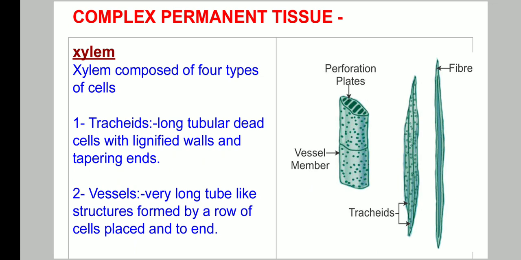But in phloem, most of the cells are living. Sieve tubes, as you know, contain cytoplasm. Companion cells are also living cells. Phloem parenchyma is also living. Only the phloem fiber is a dead cell. So in this way we can differentiate between these.